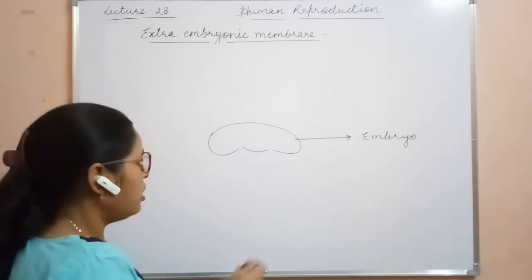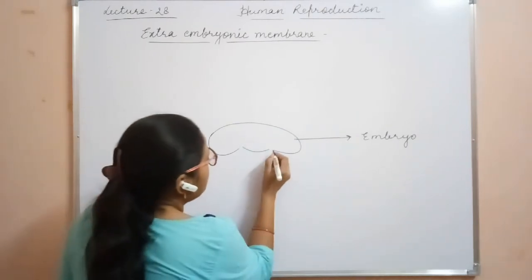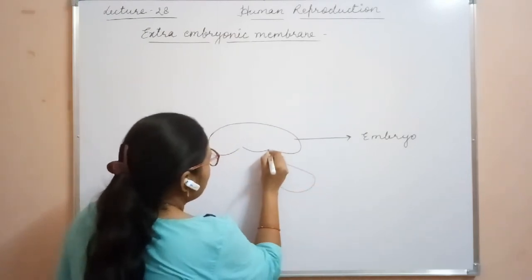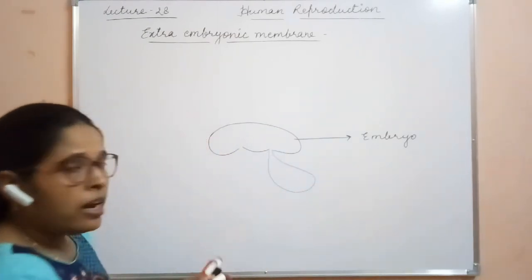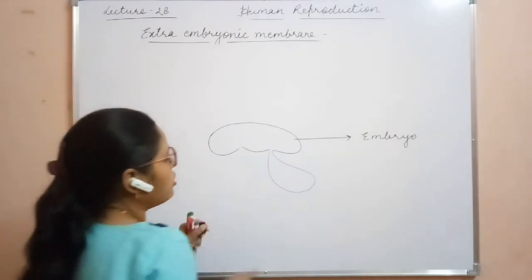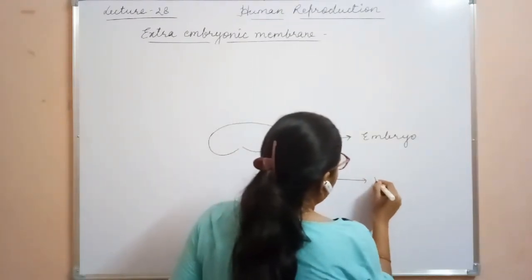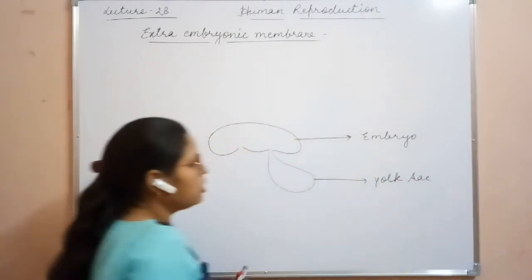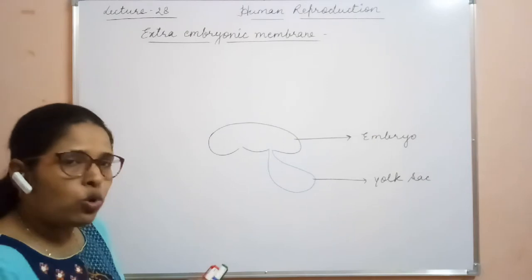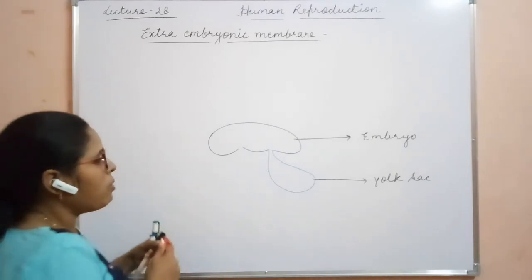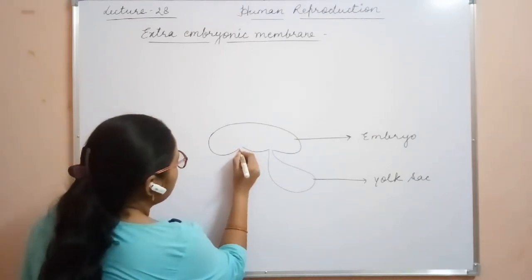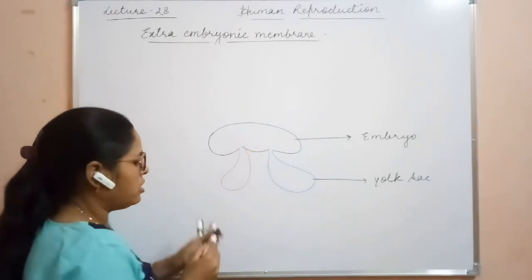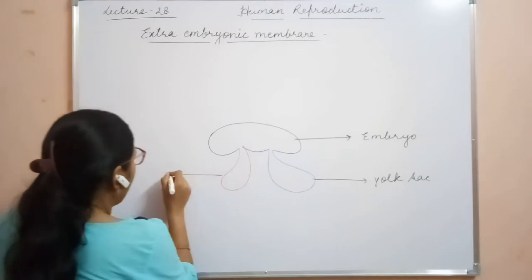Here, one membrane develops from this part, and this membrane is called the yolk sac. All these membranes have two layers. The second membrane develops from here, and this is called the allantois.